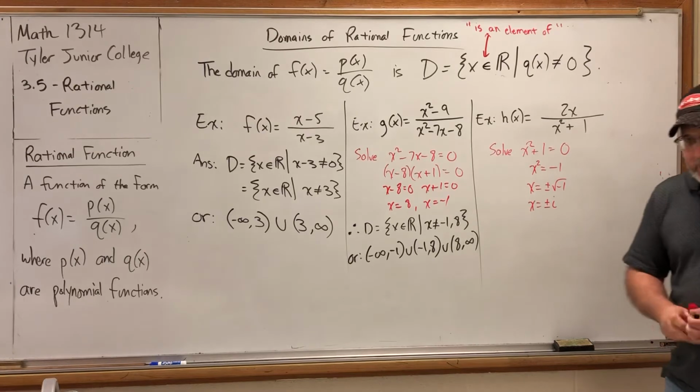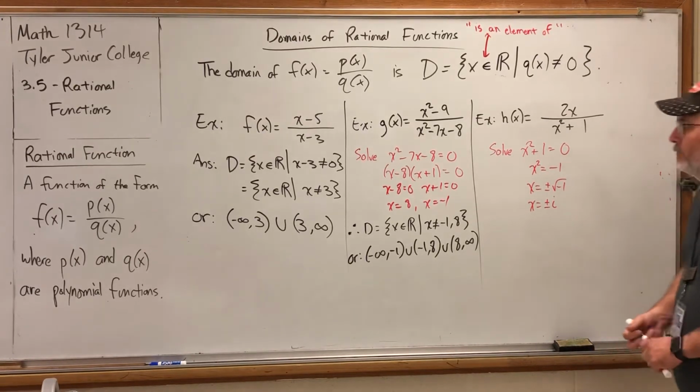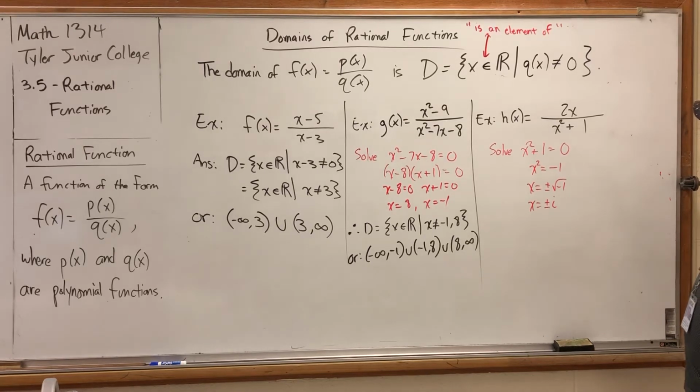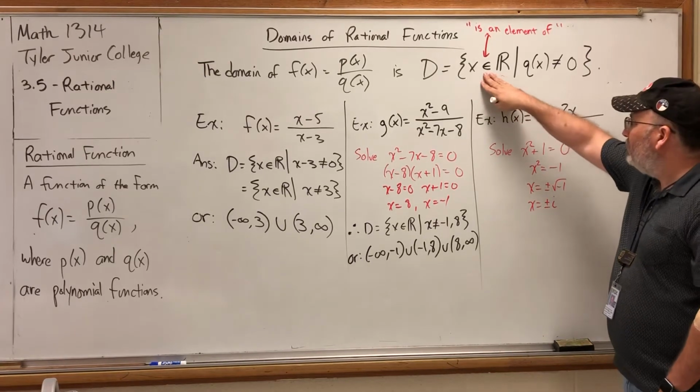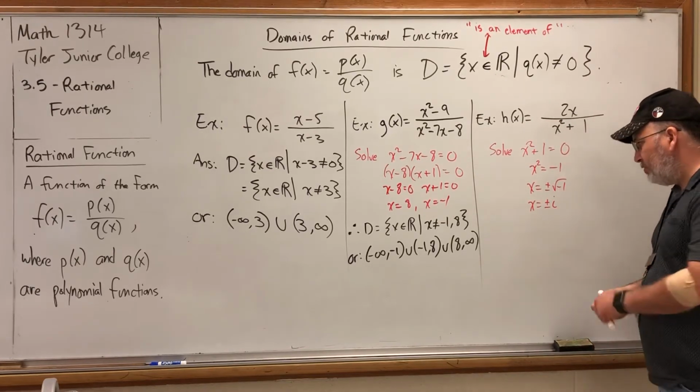So what does this mean if we're looking for the numbers to exclude from the domain and they're not real? Well, the definition of the domain starts by saying x has to be a real number, and these aren't real numbers.